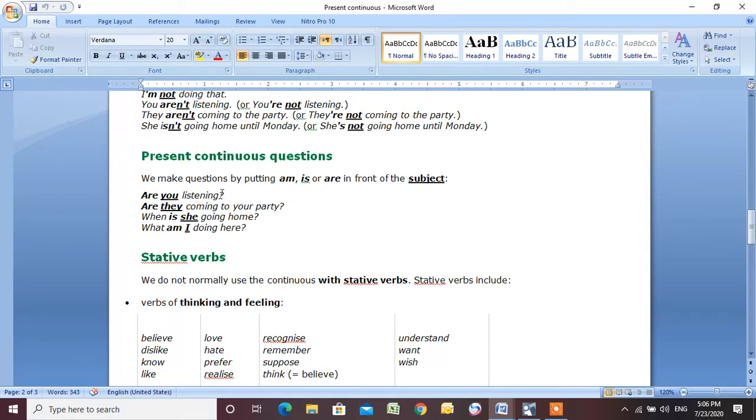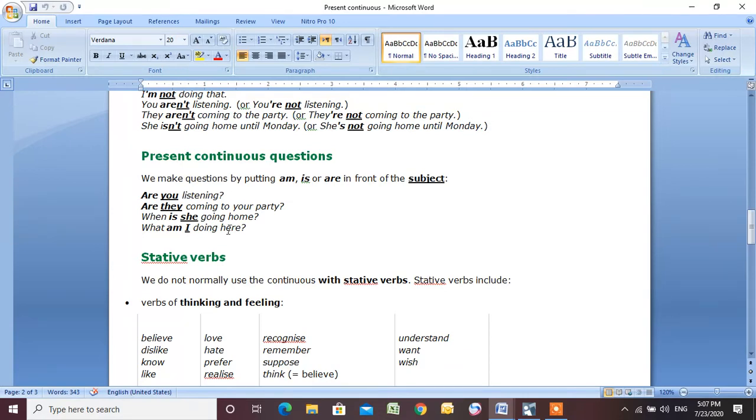Are you listening? Are they coming to your party? So here in the first two examples, these are yes/no questions. What about WH questions? When is she going home? What am I doing here?